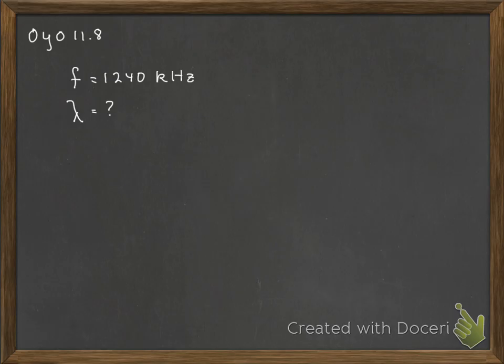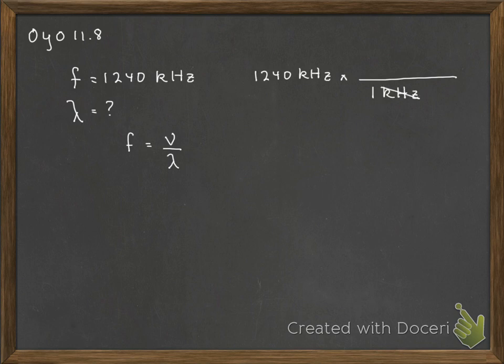Okay, so frequency equals the velocity of light over wavelength, but our frequency is in kilohertz and it needs to be in hertz. So we will change that using our conversion. 1240 kilohertz times 1 kilohertz down here, so our labels cancel, and that's the same as 1000 hertz.